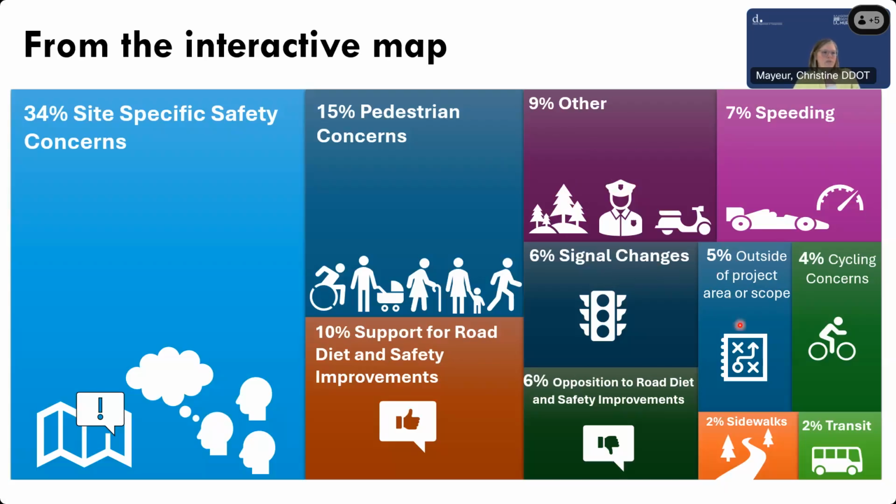Then we went through signals. Some were outside of the scope or the project area to note their concerns. Cycling concerns, opposition to a road diet, and then about 2% were sidewalk concerns.